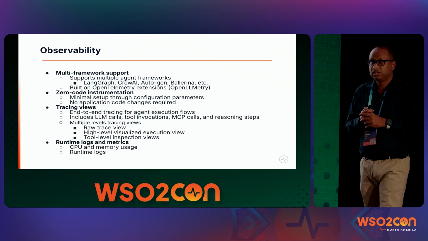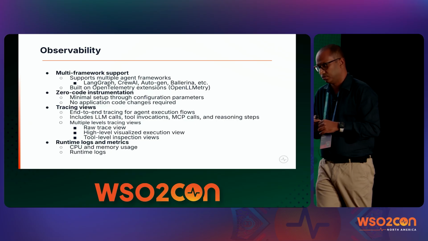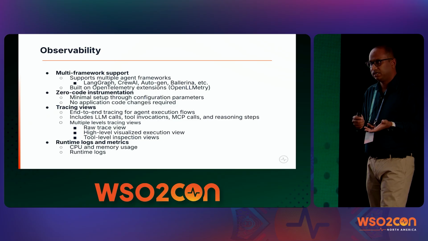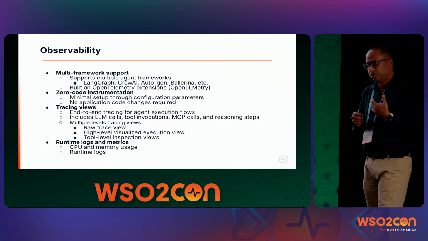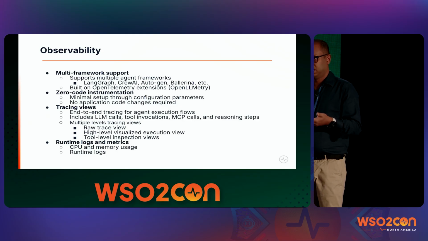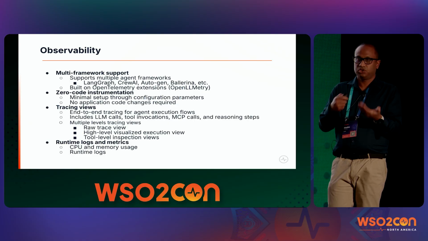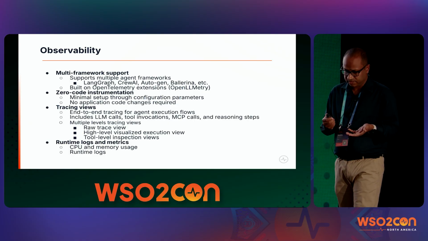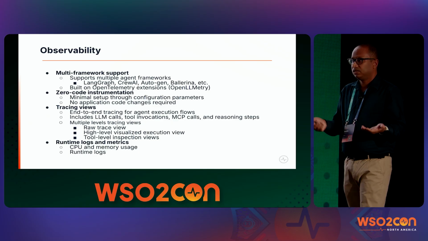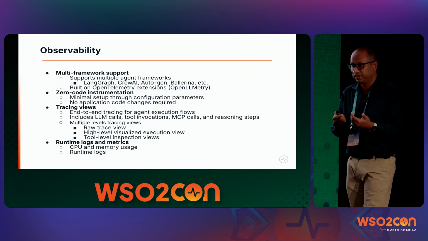And then zero-code instrumentation. This is very important. As developers, we write code. If you have to modify your code in order to get observability, that is not good. So what we are ensuring is that you don't need to make code-level changes. You can develop it in CrewAI or whatever the language, and automatically you will get the observability for your agent.